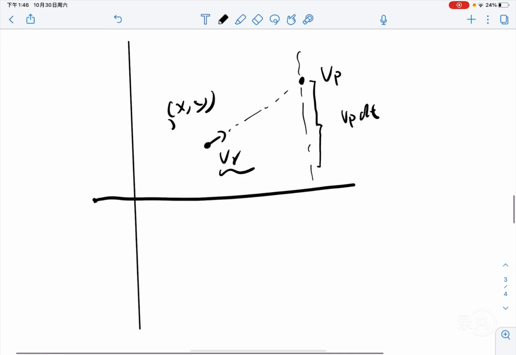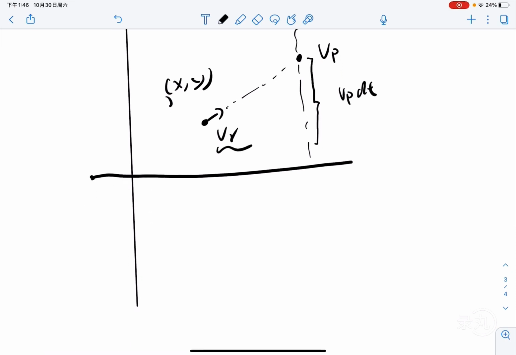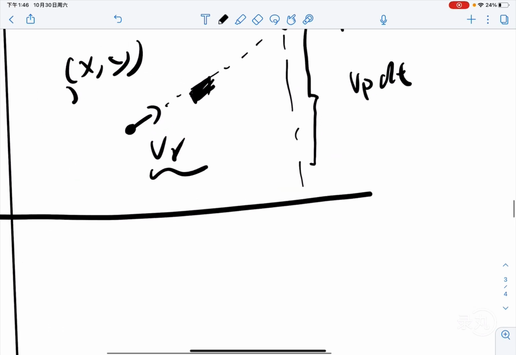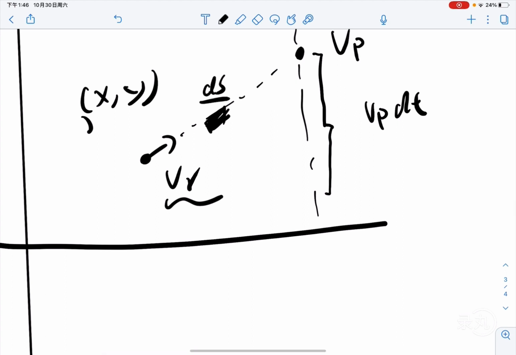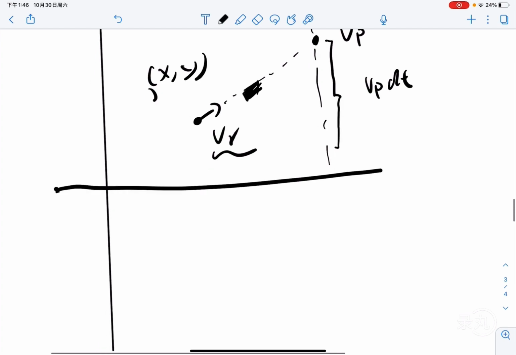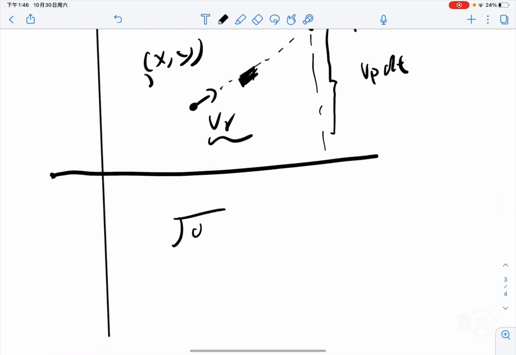And because the velocity of the rocket is constant, if we take a small portion of the trajectory, ds, which is our arc length, we know the formula for the arc length is the square root of dx squared plus dy squared, which is equal to the square root of 1 plus (dy/dx) squared times dx.